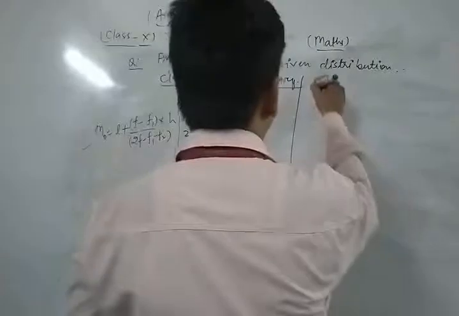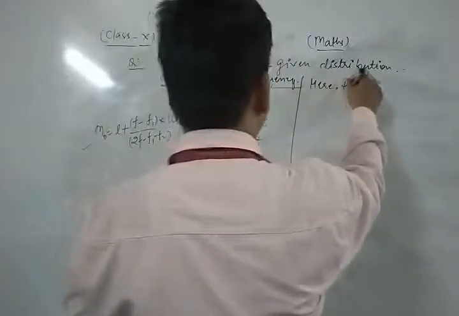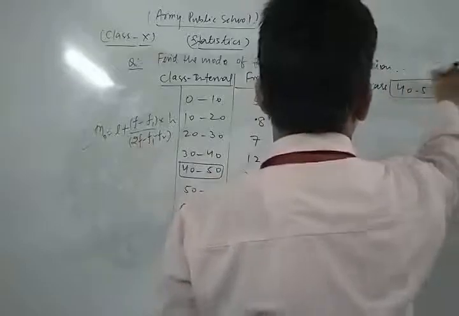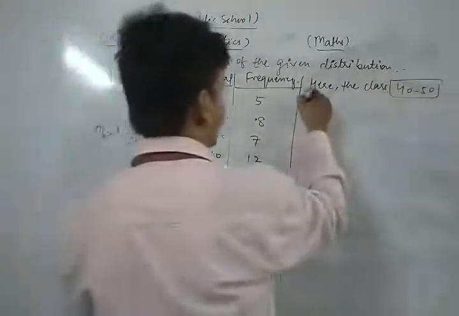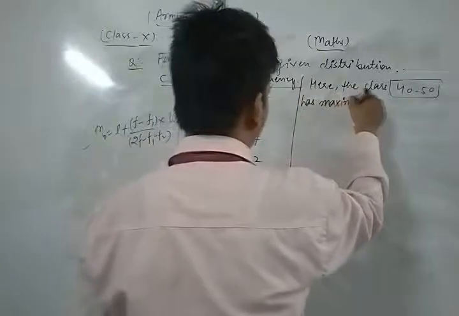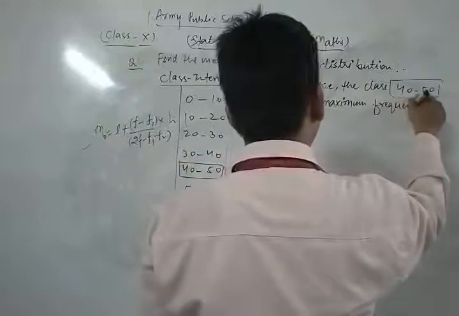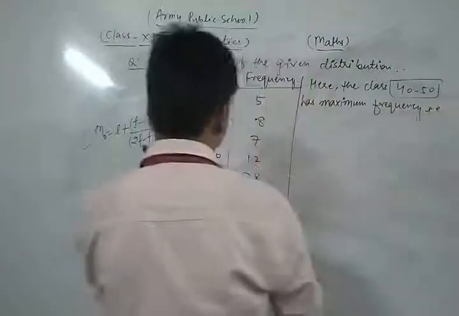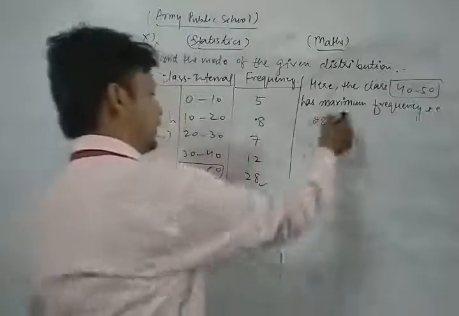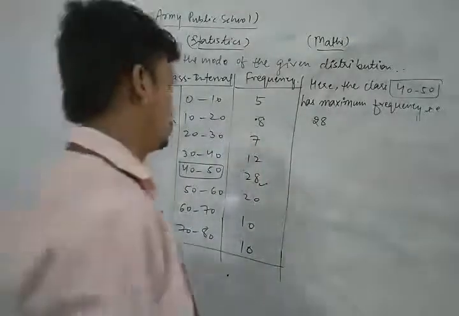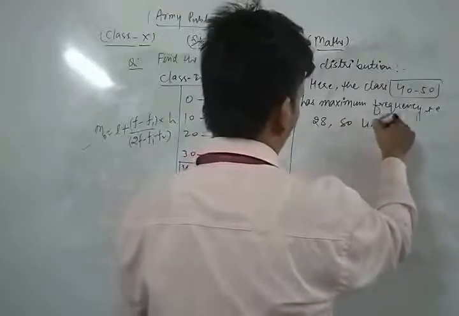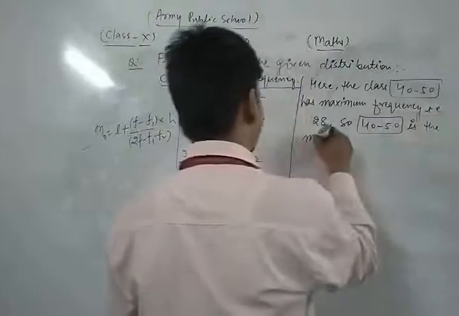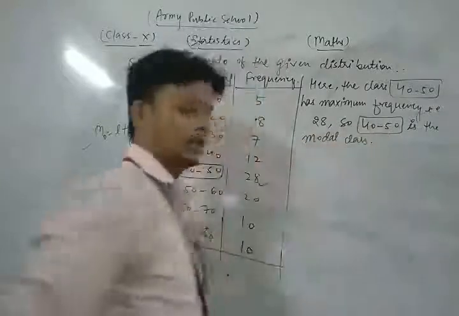So we write here: the class 40 to 50 has the maximum frequency, that is 28, so the class 40 to 50 is the modal class.